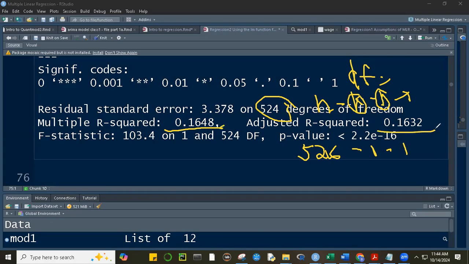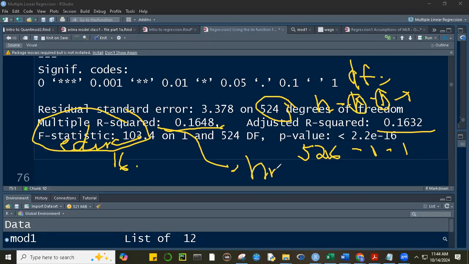This. 16.48 or 16.42, we'll study the distinction later on. This just means that our model, which uses education, right? Education is our independent variable that we're using in trying to explain hourly wage.